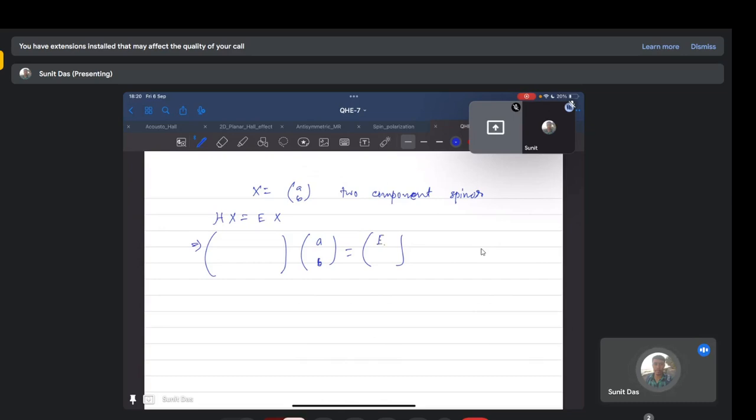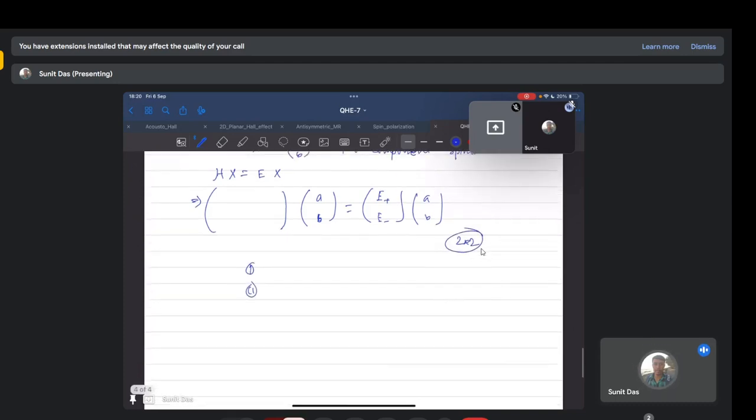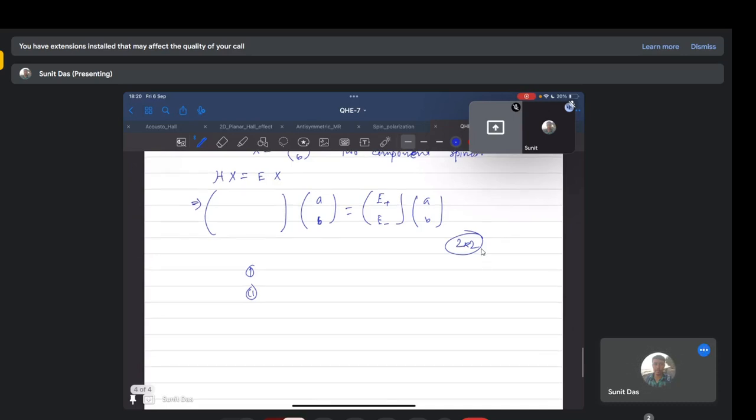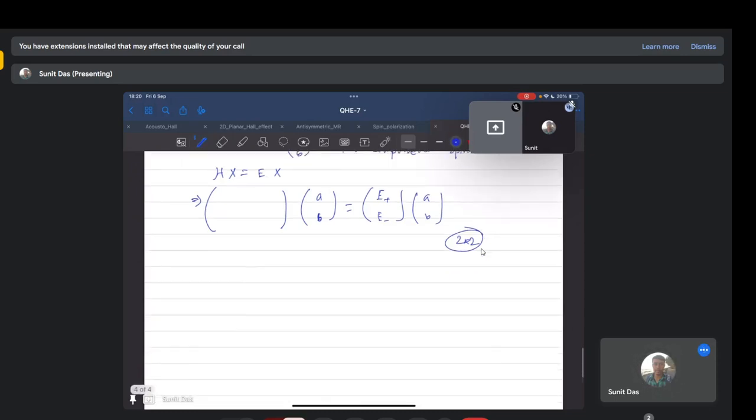So this will be E plus and this will be E minus, and then again a, b, and we'll have some equation. So this is a 2 by 2 equation. We'll have equation 1 and equation 2, and we have to solve those equations in order to find a and b.